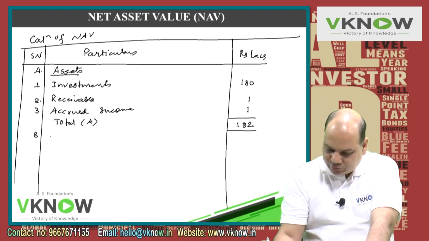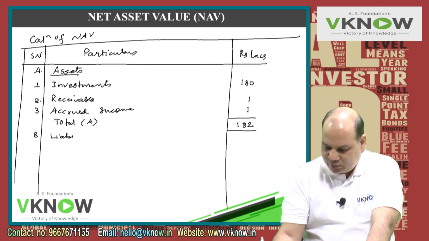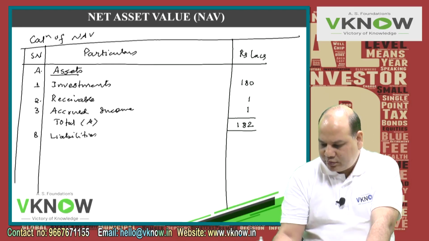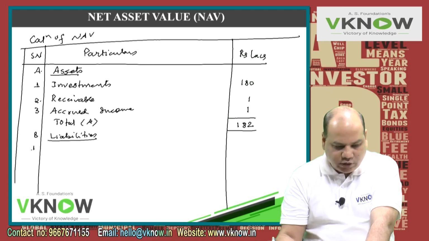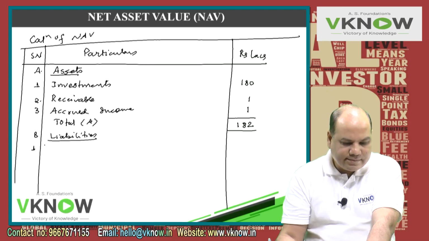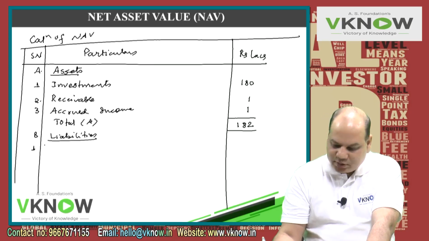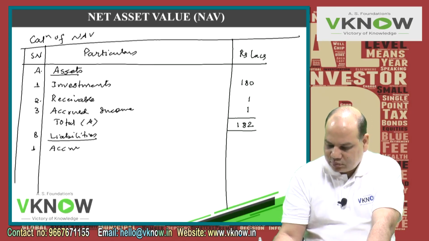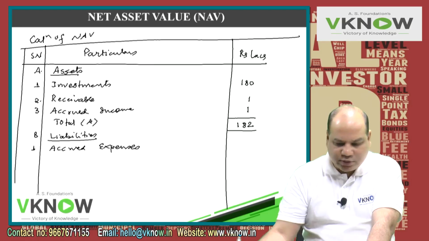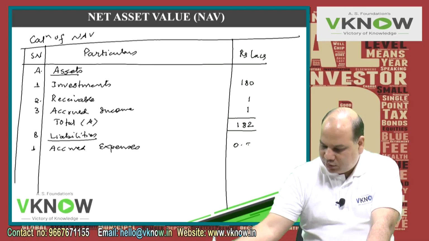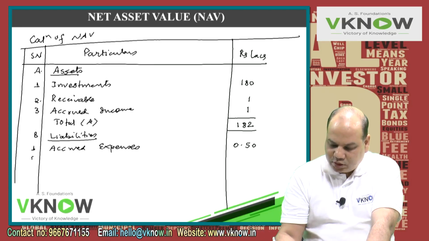Point B, liabilities. Under that one, accrued expenses. How much is accrued expenses? 50,000. So I will write 0.5 and 2. Then other liabilities.